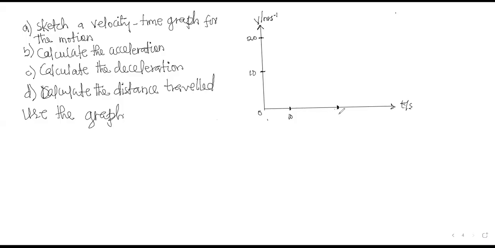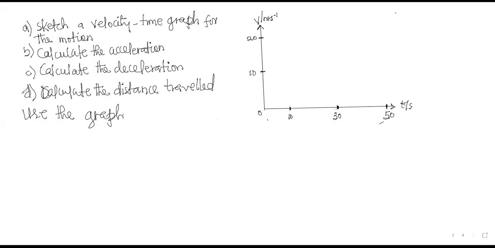So if this is 10, then this was 20. So 10 plus 20, 30. Then it decelerates so that it stops in another 20 seconds. So I'm just estimating based on the value. So 30 plus 20, 50. Okay.